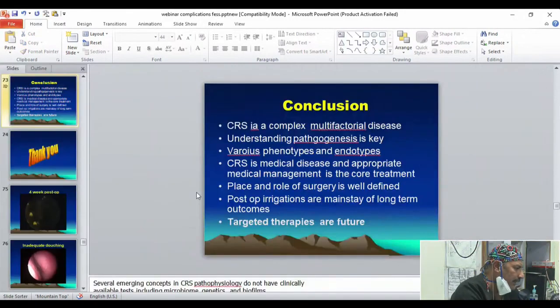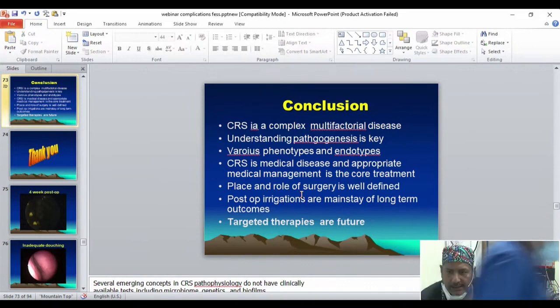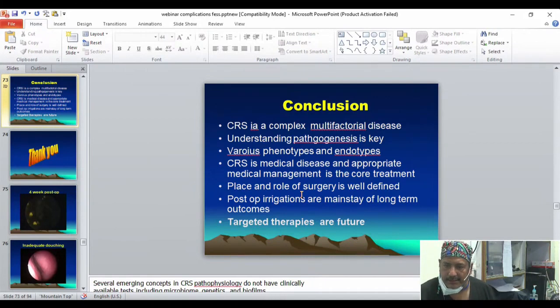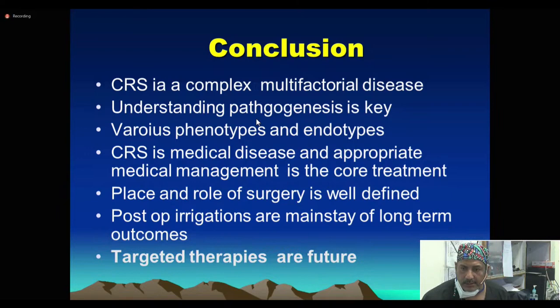The basis of a good overall outcome is understanding the pathophysiology, wherein we discussed a lot of things yesterday. That is the pillar of success for the treatment of this disease. We need to know this disease in detail, and there are phenotypes and endotypes of this problem which you must know. It's a medical disease. Don't forget, not all cases require surgery, and appropriate medical management is the core, except some exceptions which I mentioned yesterday, which are direct surgical candidates.